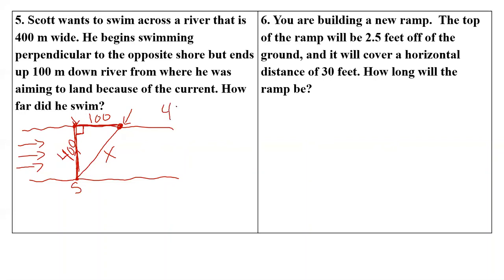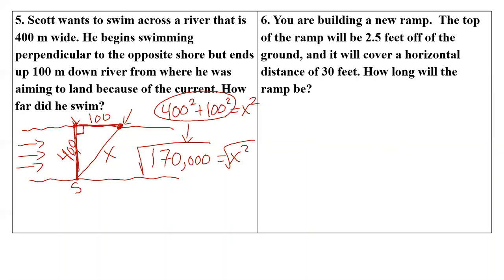So you say 400 squared plus 100 squared equals x squared. If you want to save some writing, you can plug this whole thing into your calculator, and it should give you 170,000. Take the square root of both sides. You should get 412.3.